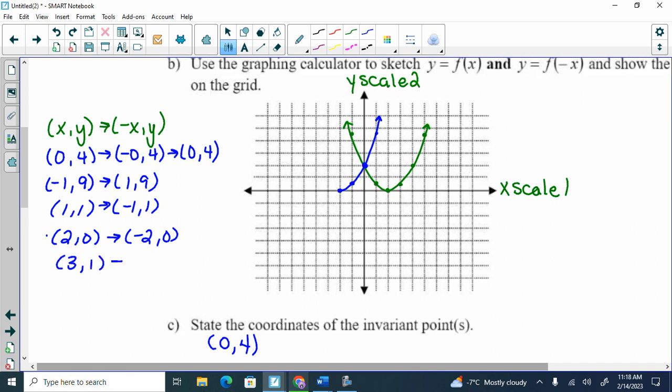Three, 1 becomes negative 3, 1. 4, 4 becomes negative 4, 4. And then 5. Does the blue look like it's reflected in the Y? Yeah.